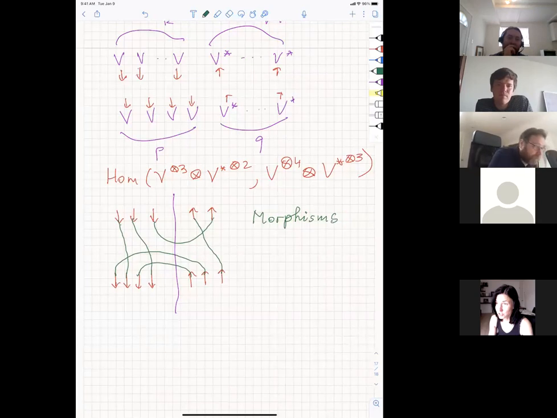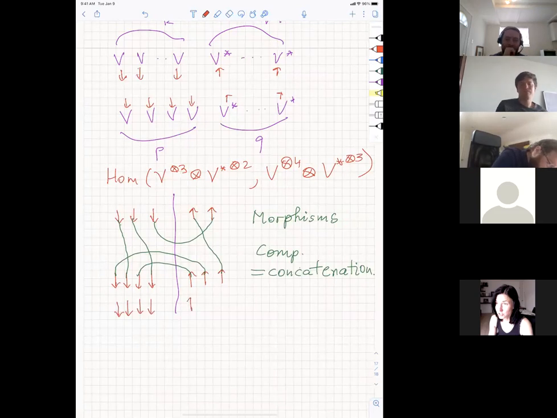And then composition of morphisms is the concatenation of pictures. So if I have another picture of this sort, for example, let's say I have a picture here, and it goes to 2, 1.